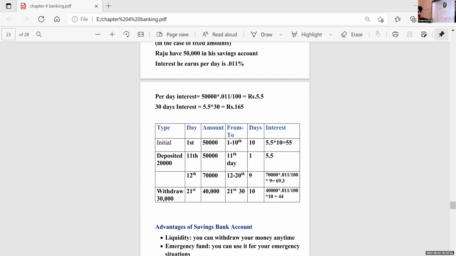On the 21st, what is happening? On the 21st, I withdrew 30,000. 70,000 was there, and from that I withdrew 30,000. So the balance is now 40,000. Then, upon which amount is the interest calculated? Think and tell me.